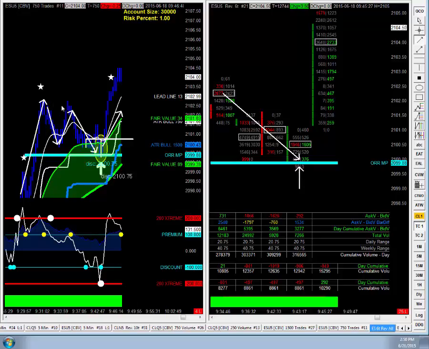Price got a little extended and pulled back to the opening range. We want to identify the location where the buyers come back in and the sellers are complete, and that's where we want to enter our trade.